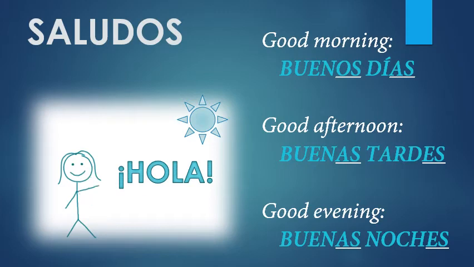Now, buenos días isn't the best example because día is irregular. Día ends in an A, and usually that means that a word is feminine. Día is masculine. So don't worry about that. Just trust me on that.